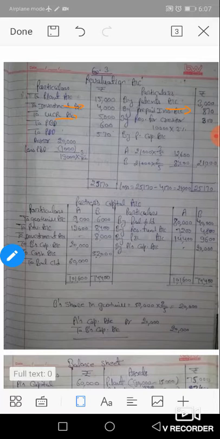Discount on debtors is a loss transferred to the DR side, and discount on creditors is a profit transferred to the CR side. Total creditors are 10,000. 10,000 multiplied by 3%, so 300 is your discount on creditors. Discount on debtors is a loss, and discount on creditors is a profit.